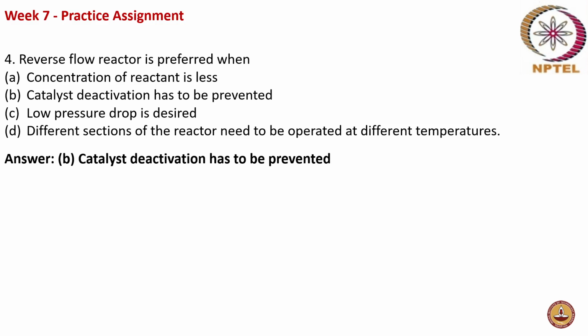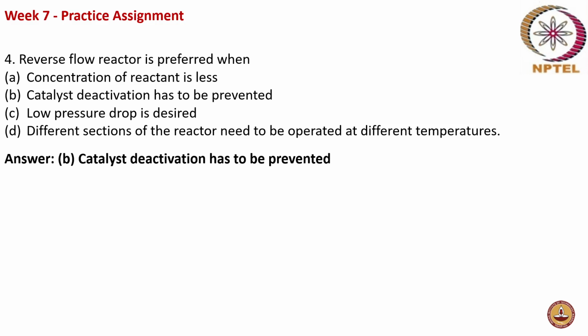What happens in a reverse flow reactor? Initially the reactant goes through one side. For example, in the case of axial flow, the reactant flows from z equal to 0 to z equal to L, and after a certain period of time, the flow is reversed.